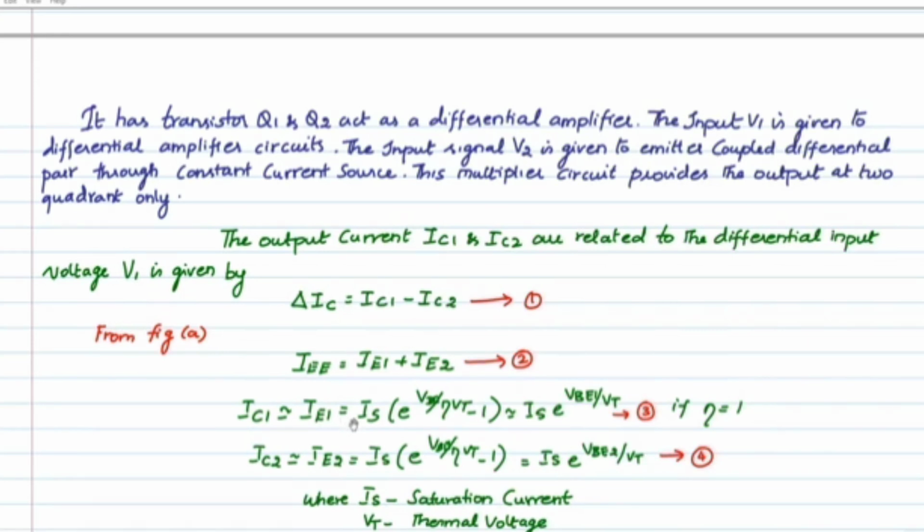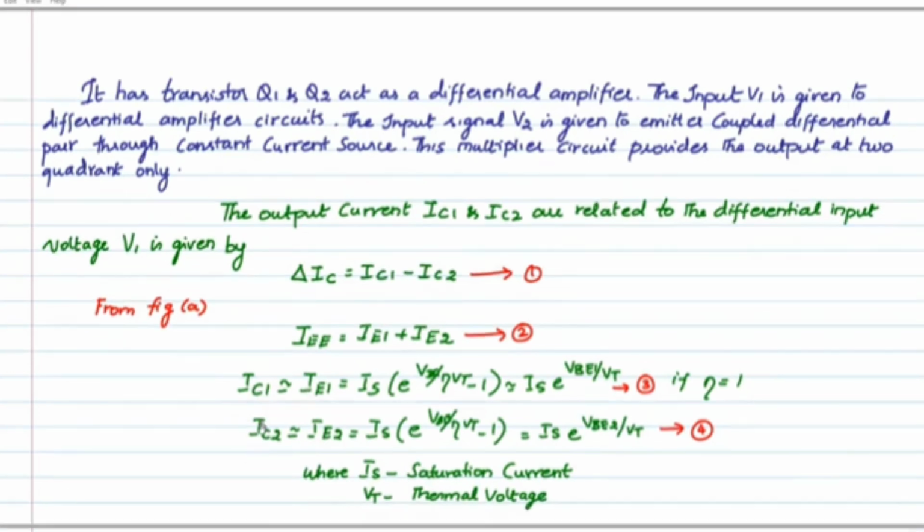I can write from the figure, IE is equal to IE1 plus IE2. So we know that IC1 is equal to IE1, that is equal to IS into e power VBE1 divided by eta into VT, minus 1.